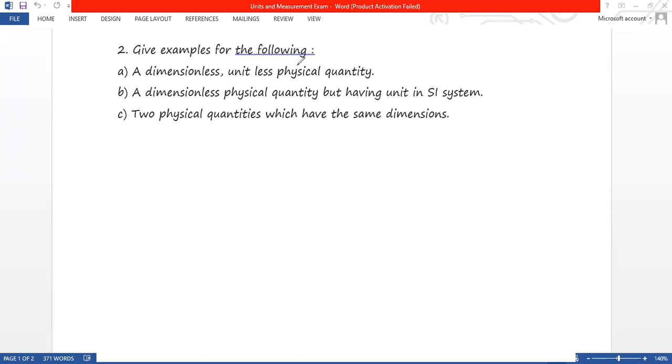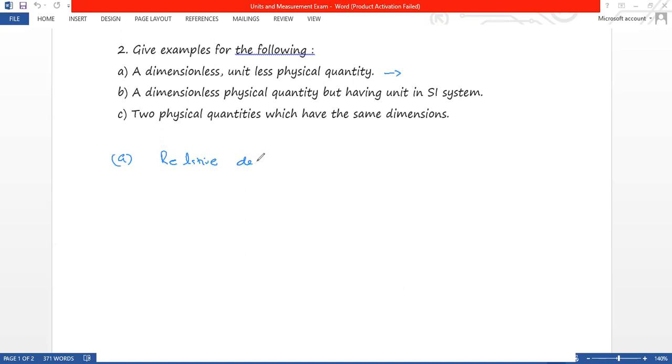Give the examples for the following. A dimensionless, unitless physical quantity. So for dimensionless, unitless physical quantities, we can write relative density, relative permittivity. Relative means the numerator and denominator cancel, right?